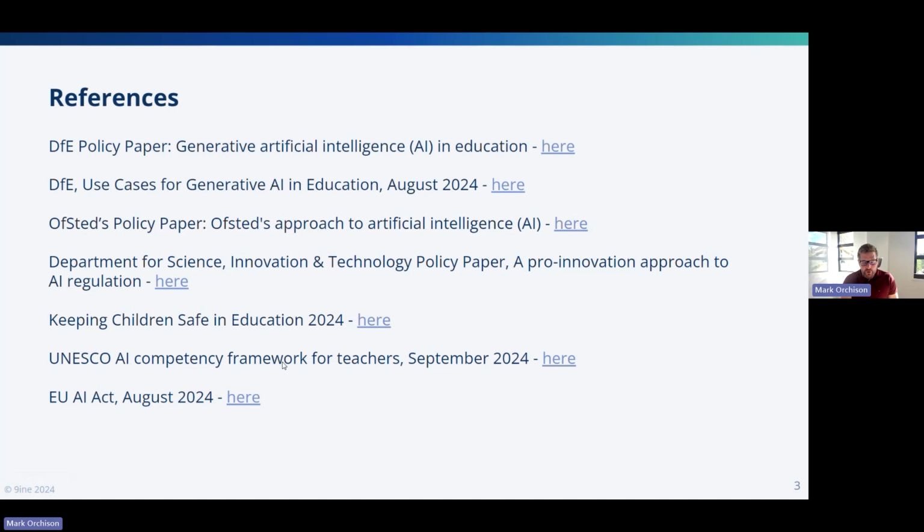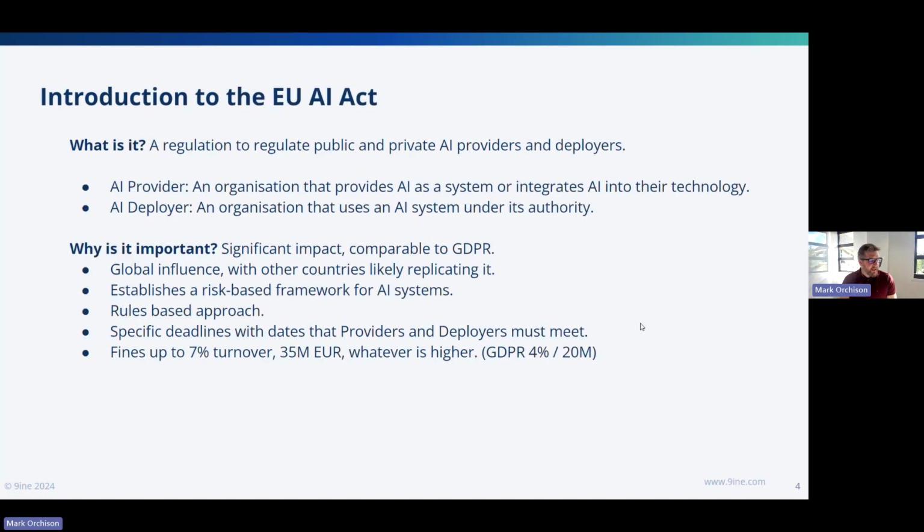Anyone who is leading on the introduction of AI technologies within your school or overseeing those will definitely want to read that article, because it's incredibly useful in terms of how things are likely going to change, not only in the UK but also globally.